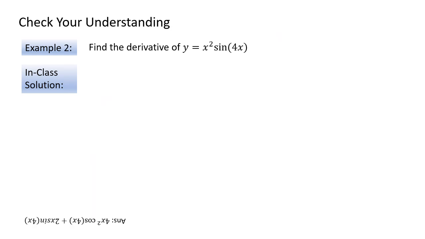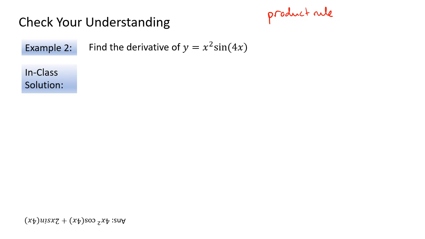So our next example is going to use two different rules, so it's going to get a little more difficult. Find the derivative of y equals x squared sine of 4x. So in this case, you have two functions multiplied together, so you have to use the product rule.